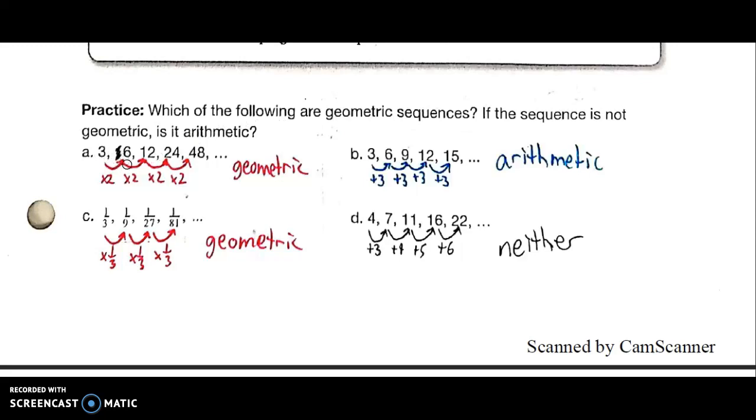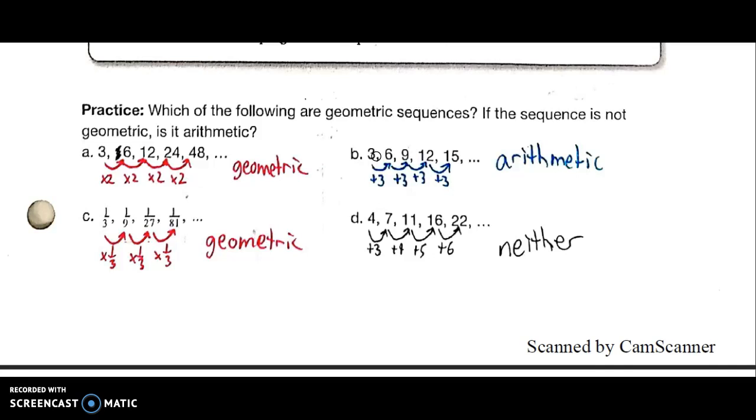As I'm going from one number to the next, every time I'm multiplying times 2. We can also think of that as 6 over 3, 12 over 6, 24 over 12, 48 over 24. If I took those as fractions to make my ratios, that also simplifies to 2 over 1. 6 over 3 is 2 over 1, just like 12 over 6 also simplifies to 2 over 1. So that first case is geometric because we multiply to get our next term.